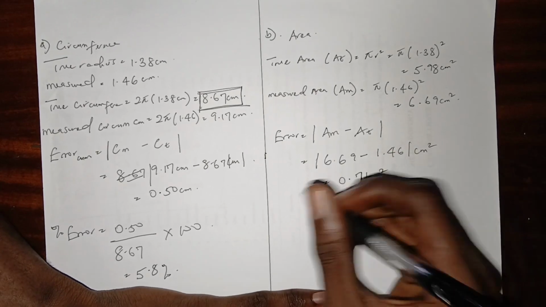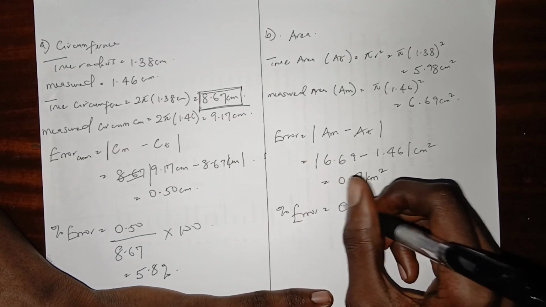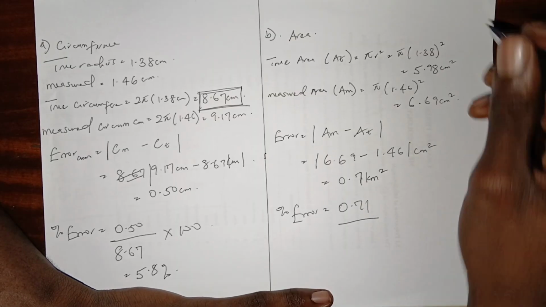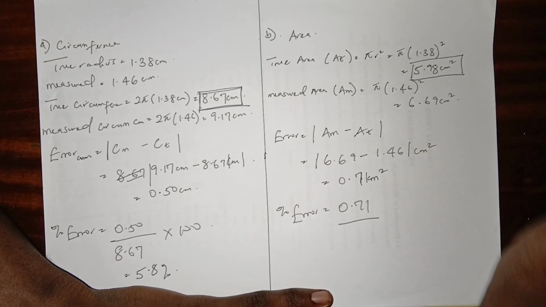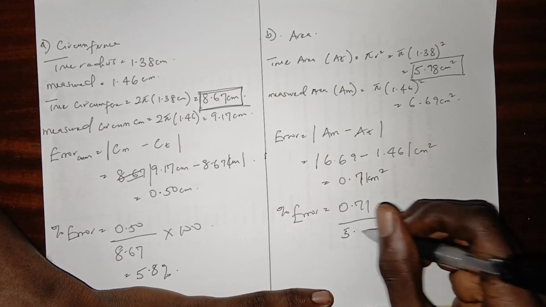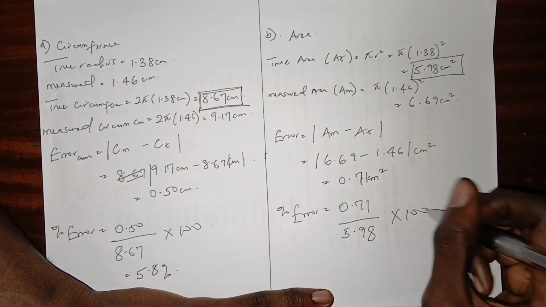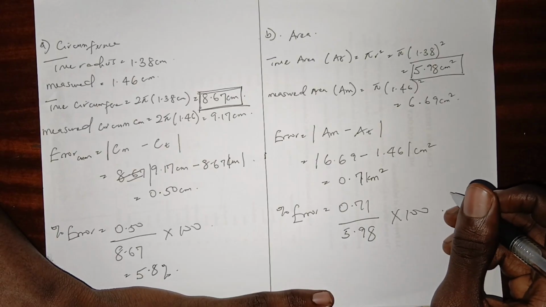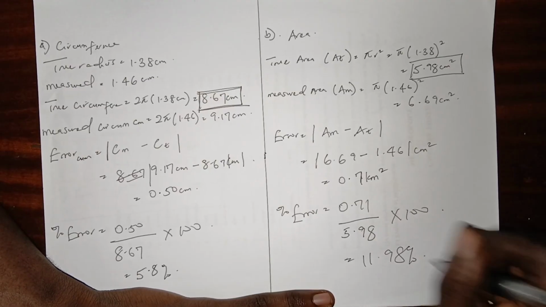So the percentage error is equal to 0.71 over the true area. Please take note of that, because that's where most of my students mix it up. So you have this times 100. When you put this into your calculator, you should have 11.98 percent.